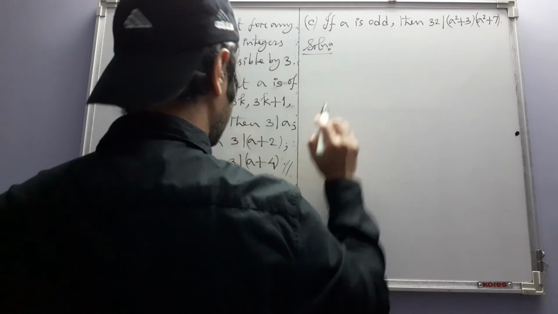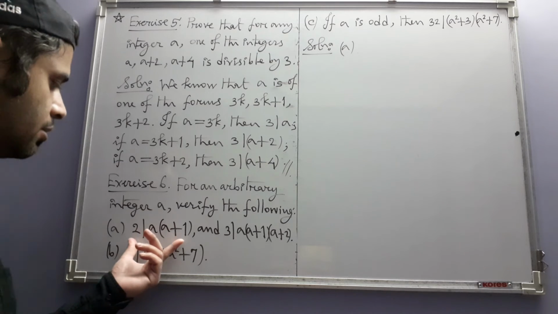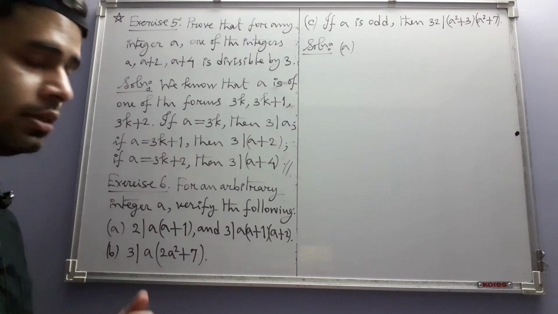Solution. So in part A, the first divisibility relation is rather easy.